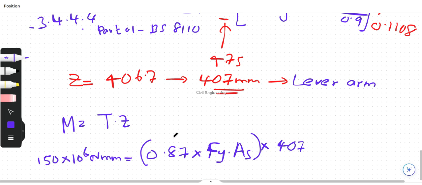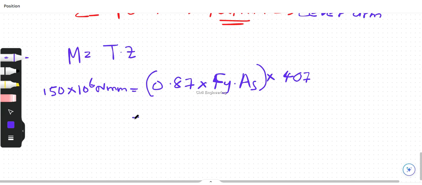We can substitute these values. Fy is equal to 460, and we don't know the value for As. You can find it by solving this.